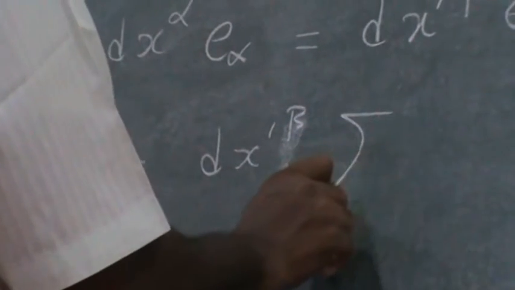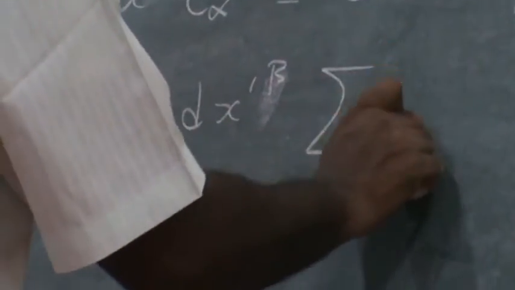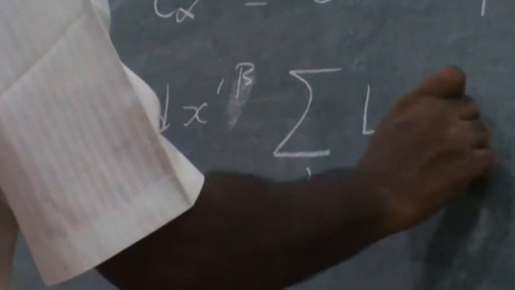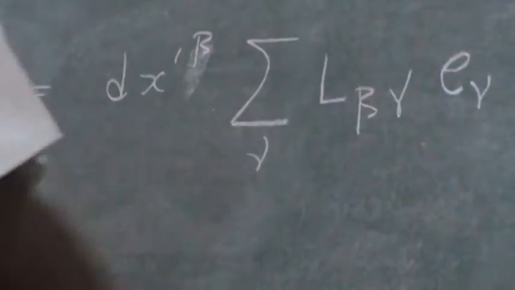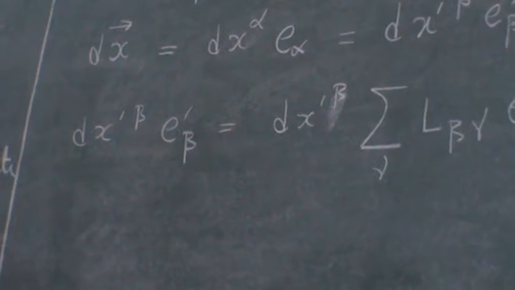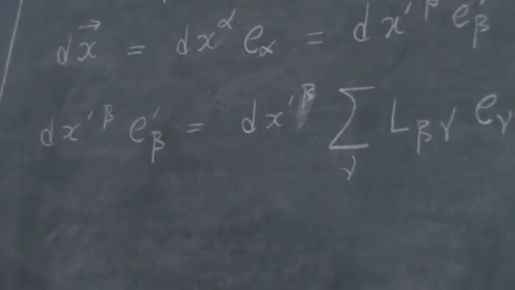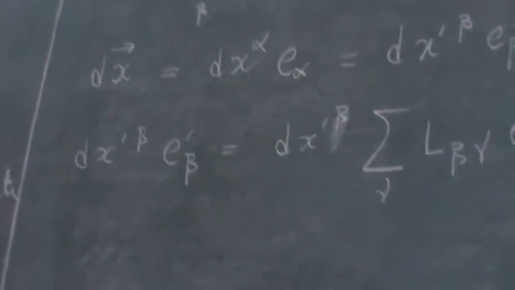I can write it as sum over gamma of L beta gamma into E gamma. So gamma is summed over.